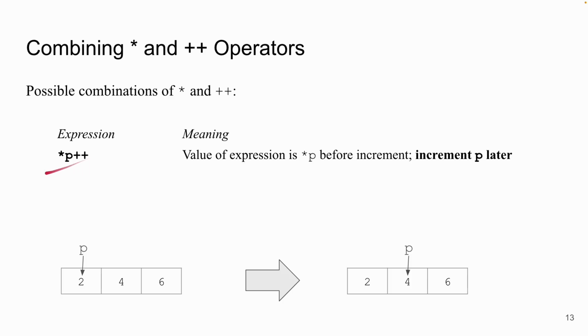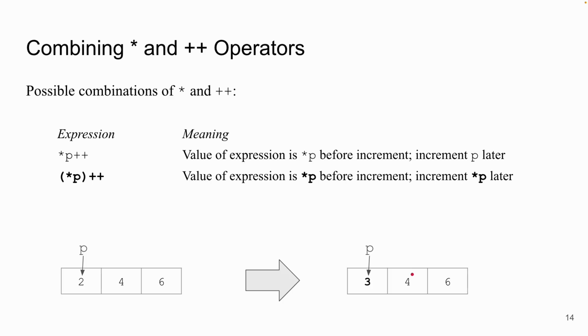When we write down this expression, we get the value of where p is pointing to before the increment, and after we get the value, we then increment p. Let's assume that p is pointing to the array here. We first get the value p is pointing to, which is 2, and then we increment p itself, so p moves from here to the next element.